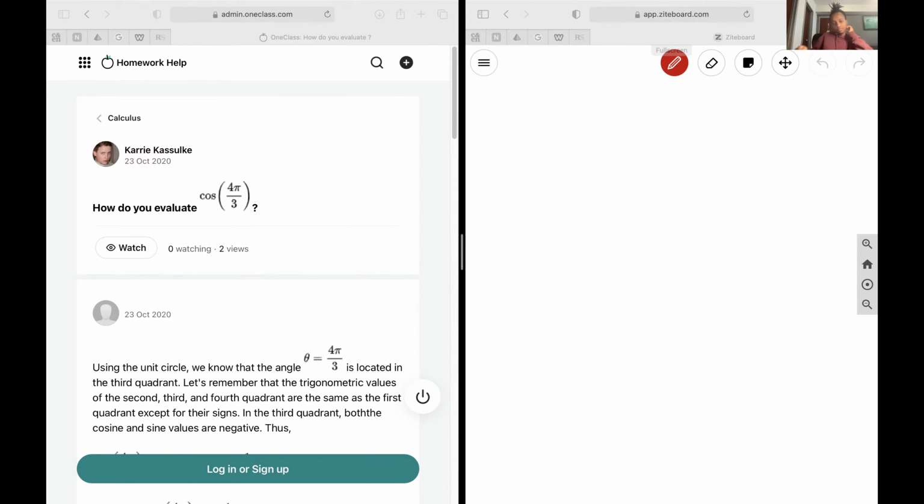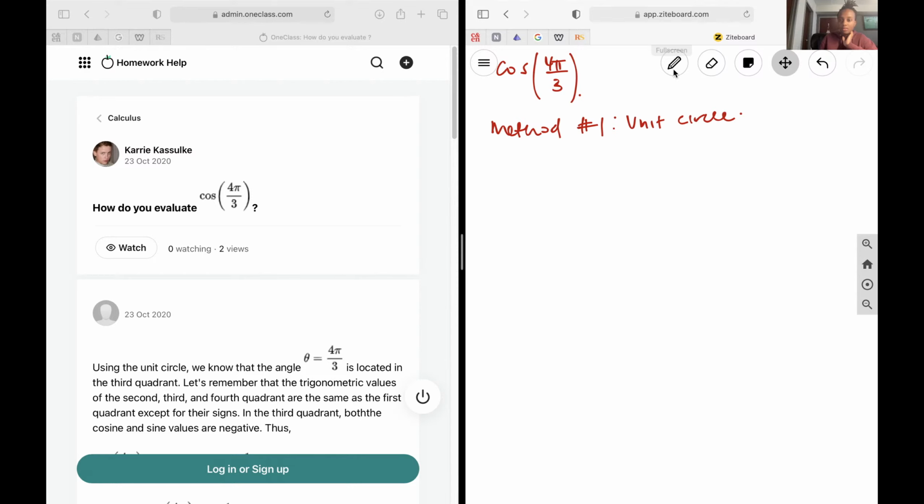So we have cos 4 pi over 3, and method 1 would be the unit circle. So we're just going to go ahead and draw that out.